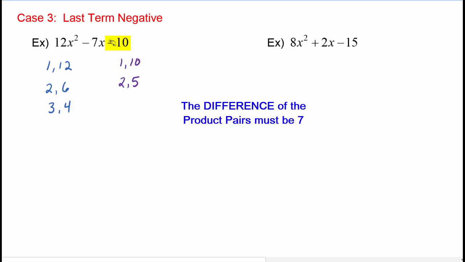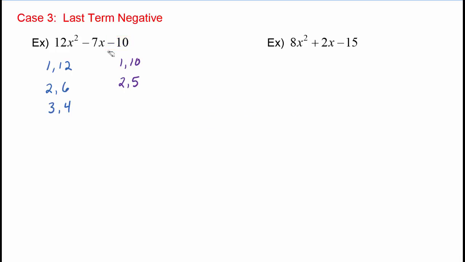Because the 10 is negative, that's why we're going to be looking for the difference in our product pairs. So as an example, if we start to just try some out, if we took 12 times 1 to get 12 and 1 times 10 to get 10, the difference would be 12 minus 10, which is 2. But we need the difference to be 7.